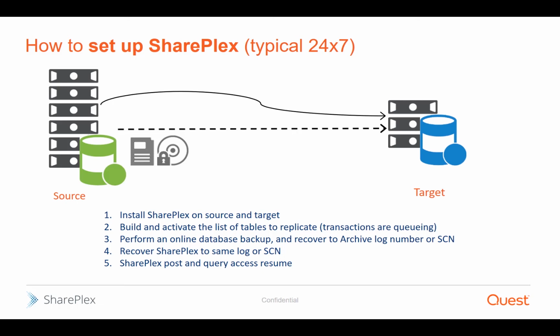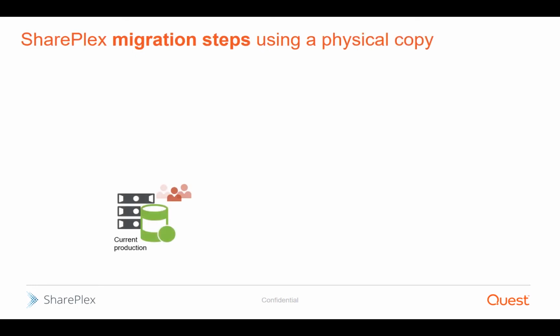And once you have that configuration set up, you would perform an online backup and recover on the target to a particular SCN, and then you can tell SharePlex to apply all changes that have happened to the source database to that particular SCN, and then everything will be applied and you will get synchronization there.